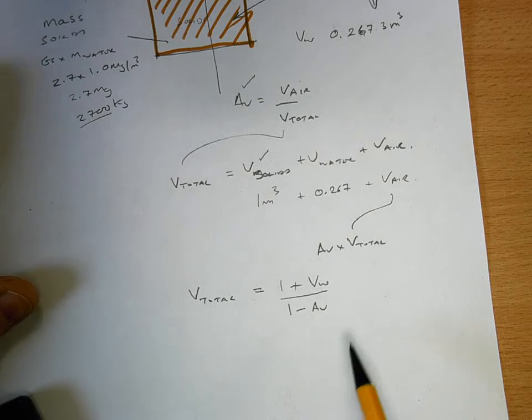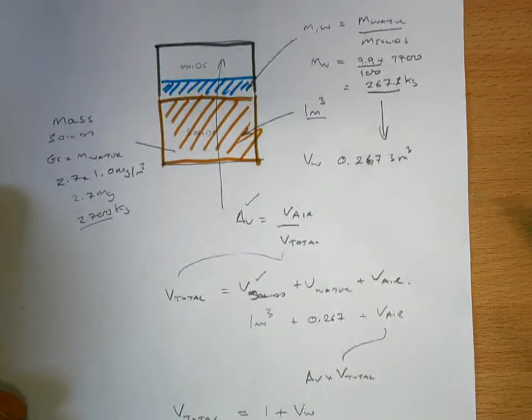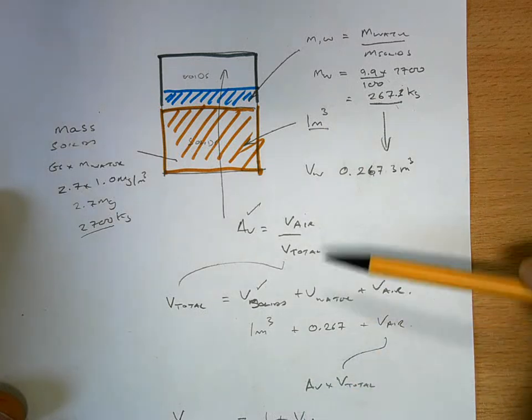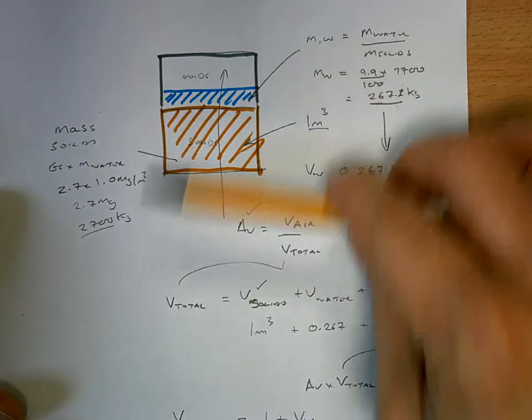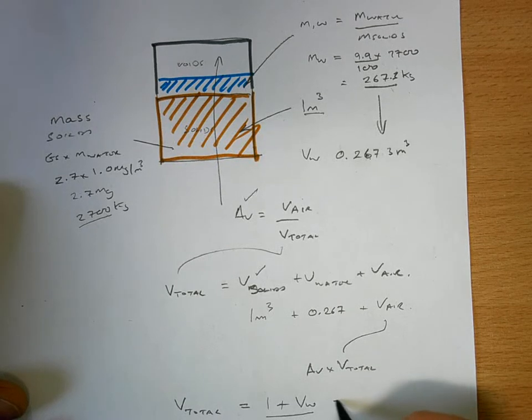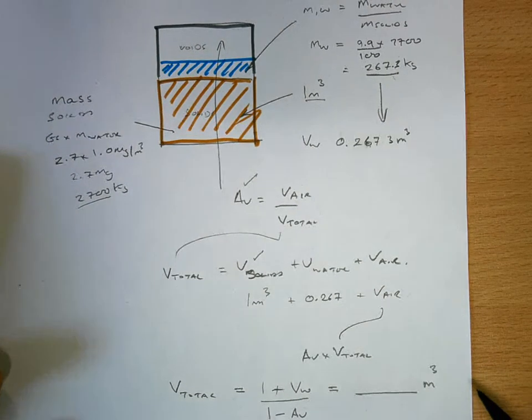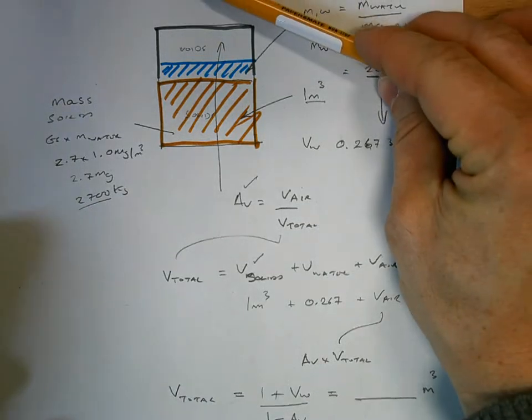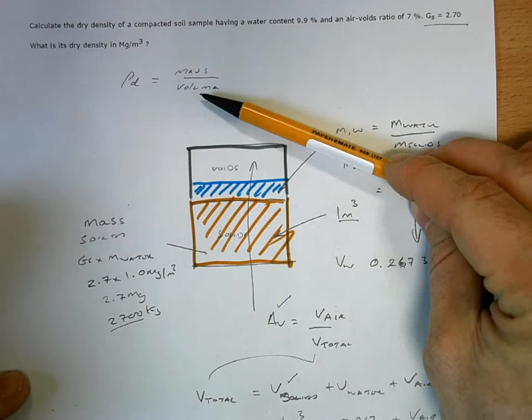So we've ended up, basically, with the model, where we've worked out the volume of air, the volume of water, the mass of water. We've got all the pieces of information, in cubic meters. And once you've got all that information, then you can really just start feeding things back into the original equation.